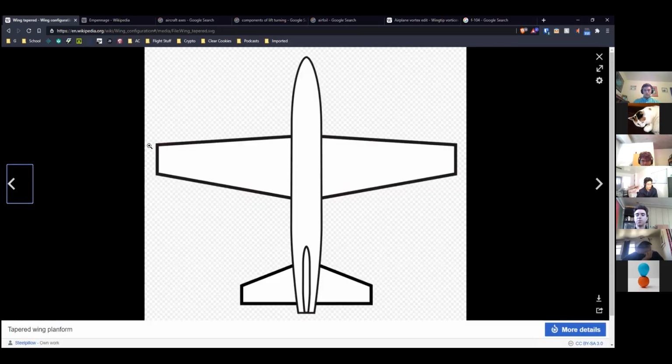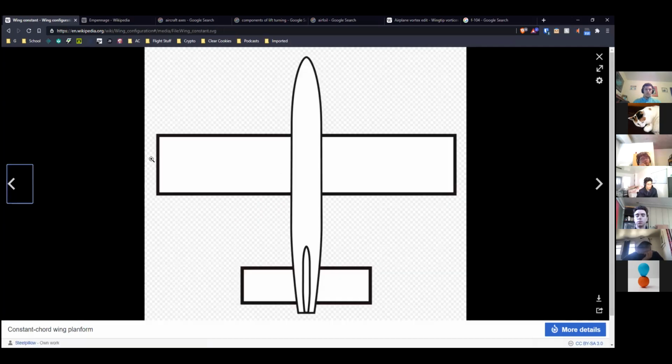But this is good because if you have a rectangular wing, then when the plane is going to stall, it'll stall at the tip of the wing first, and that's where your ailerons are, which means as you're stalling, your ailerons stop working, which is bad basically.